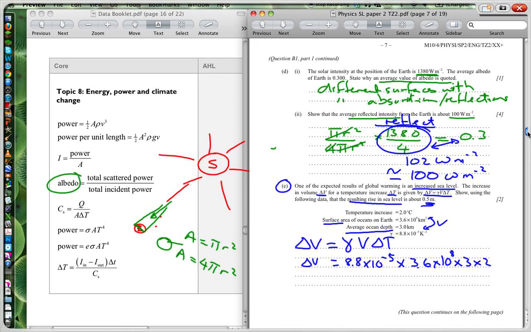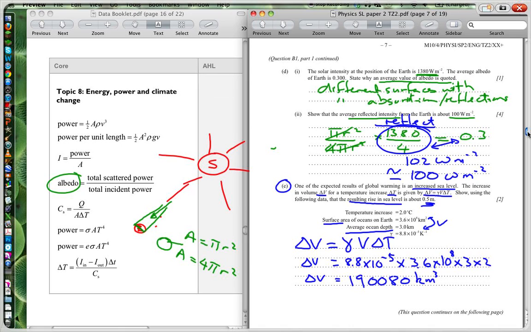I'm going to get 8.8 exponent minus 5 times 3.6 exponent 8 times 3 times 2. And I get this value over here, that my change in volume is equal to 190080, and that will be kilometers cubed.